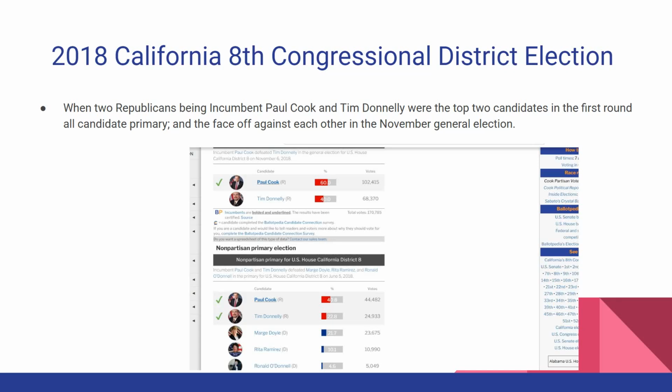But because the Democratic voter base was split, the Democratic Party's candidates were excluded from the general election ballot in the 8th Congressional District, which allowed two Republicans to advance. That meant partisan loyalties don't matter that much anymore, because voters can look beyond the party, look at the person, and vote for the candidate that best aligns with their values and interests. It makes elections a lot more competitive.